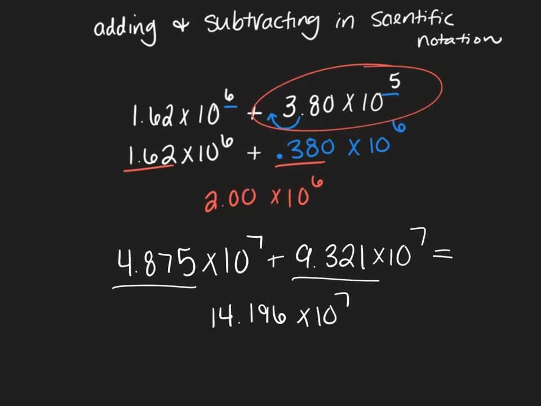All right, but that's not going to work because our decimal needs to be here. So we're going to move it there. So we now have 1.4196 times 10, and since we moved to the left, our exponent's going to go up, and it's going to be 10 to the 8th. And that's going to be our final answer. So your answers need to be in correctly formatted scientific notation.